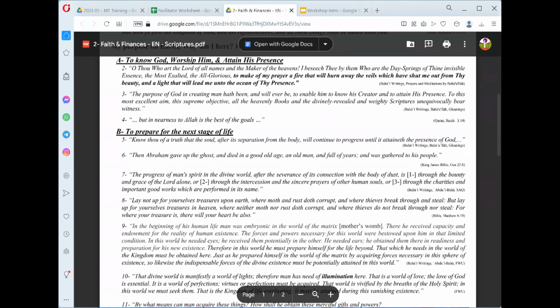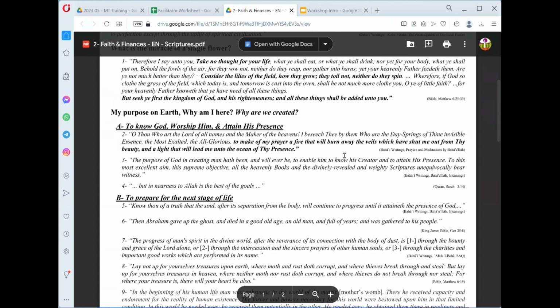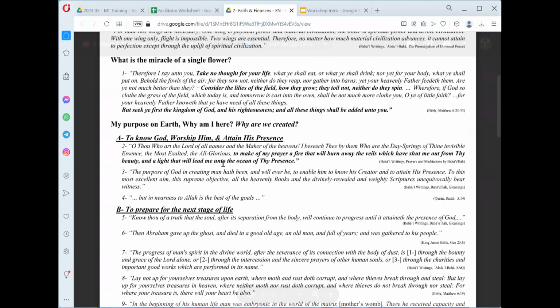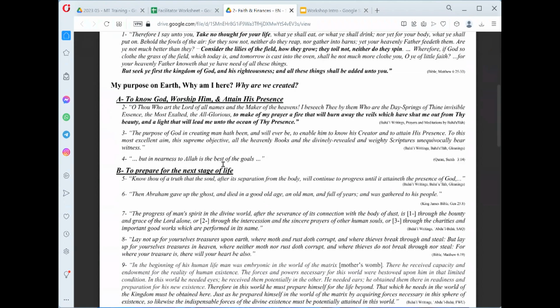But for those that are either Christian, Buddhist, Baha'is, Muslim, we usually have a good mix of various groups in here, there are scriptures, there are writings that say this should be our ultimate goal, to get close to God. Even as in the Bible it says, but seek ye first the kingdom of God and his righteousness, and then everything will be added on to you. So that's our first spiritual goal.